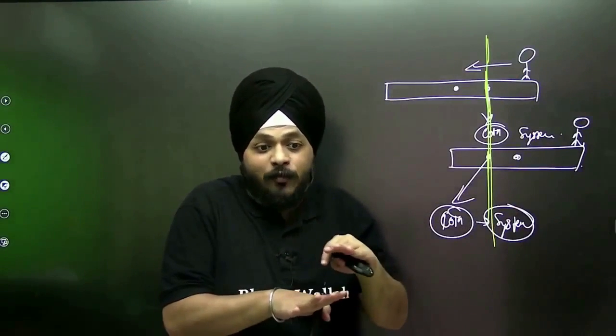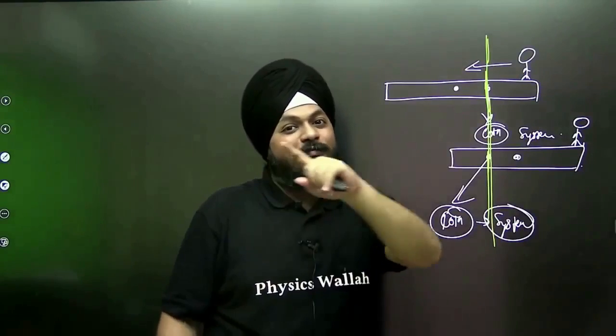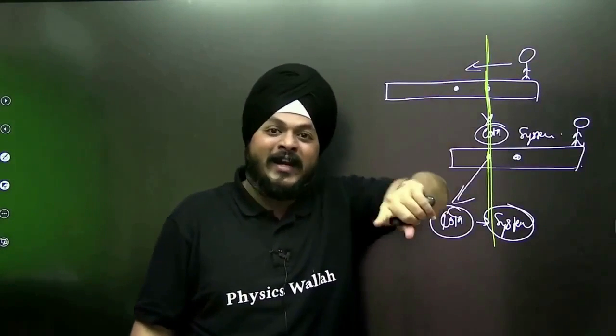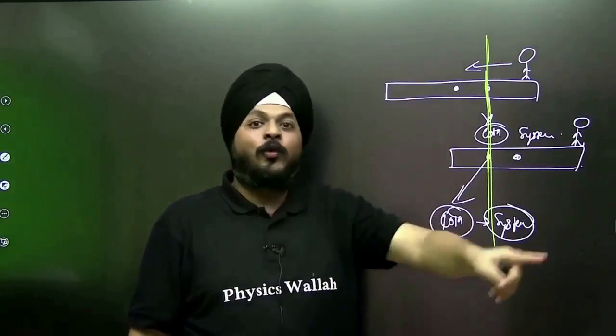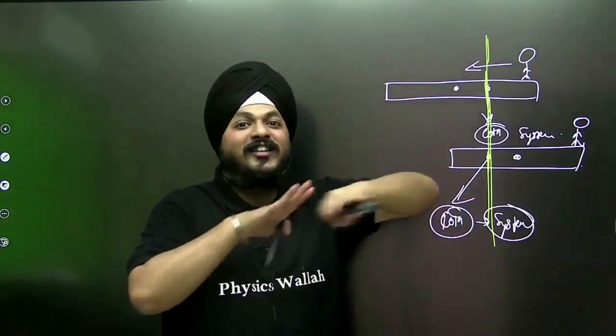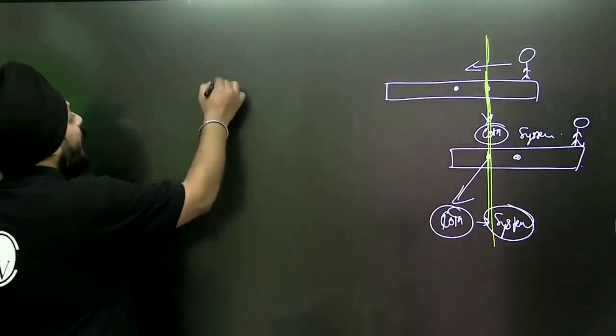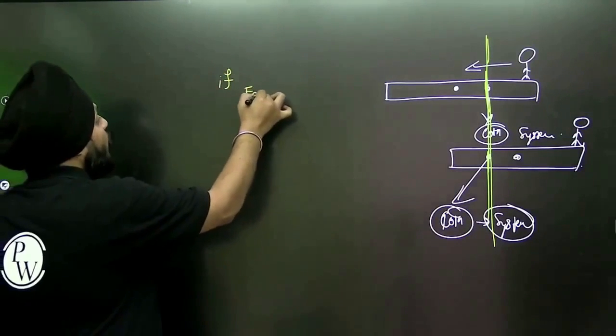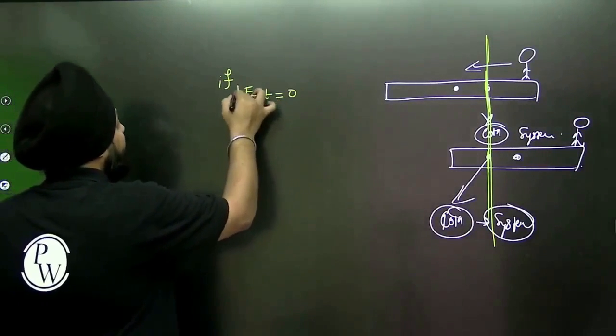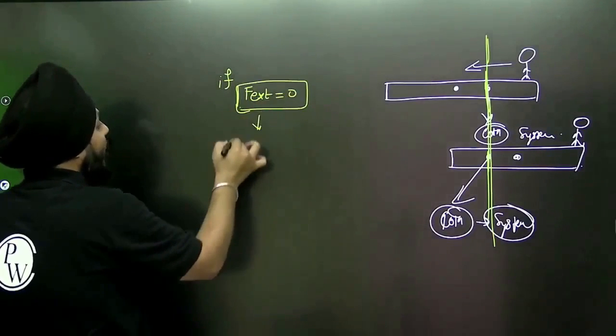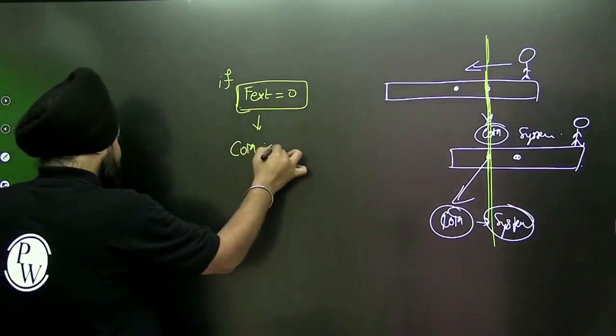So whenever the external force is 0, center of mass is not going to displace if it is at rest, and if it is in motion, it is not going to change its state. It's very simple. If the net external force on the system is 0, the center of mass is not going to change.